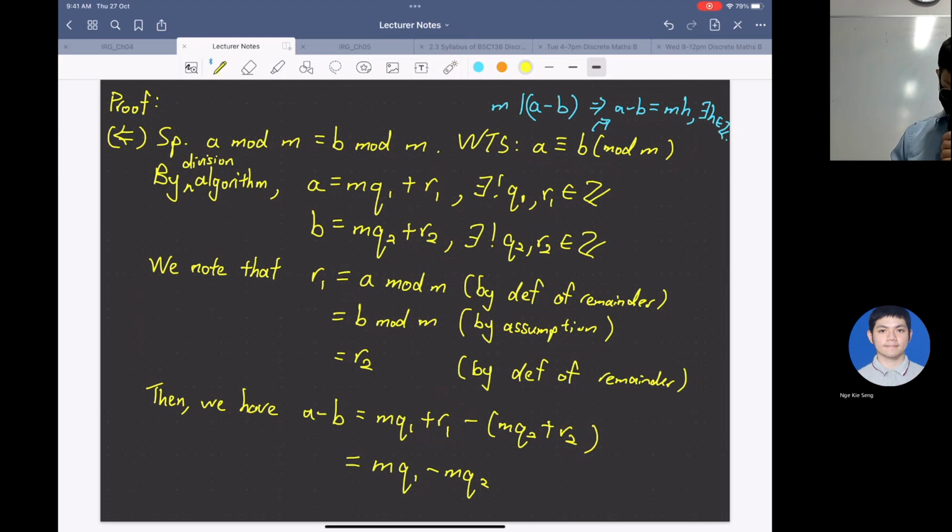Then you can just factorize it. q1 minus q2 is another integer, so M divides A minus B, which is what we want.